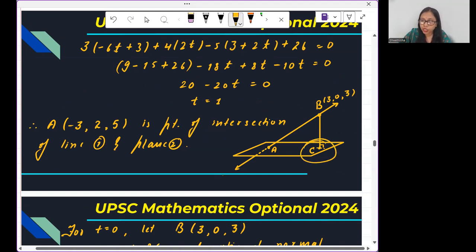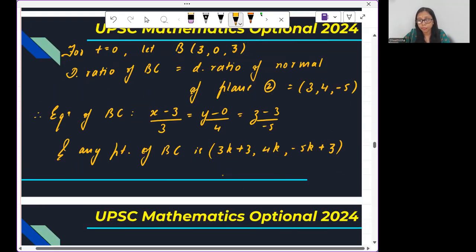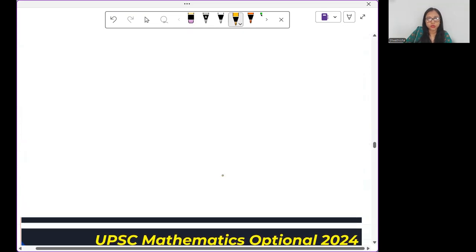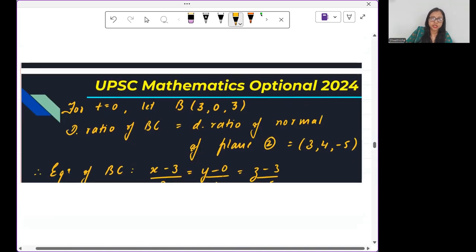If I want to find in particular this C point, that means C point is on the plane. So that means this point needs to be on the plane. For that, what will be the value of k? And any point on BC is this. If this point is C, then it lies on plane 2, which implies, so what is plane given? This was 3x plus 4y.